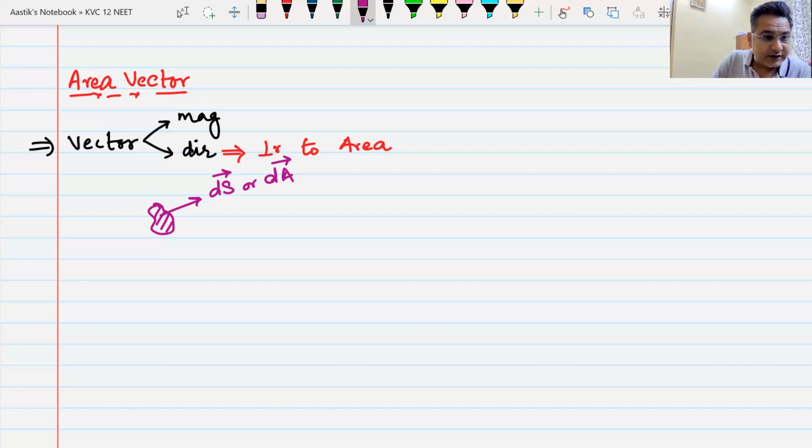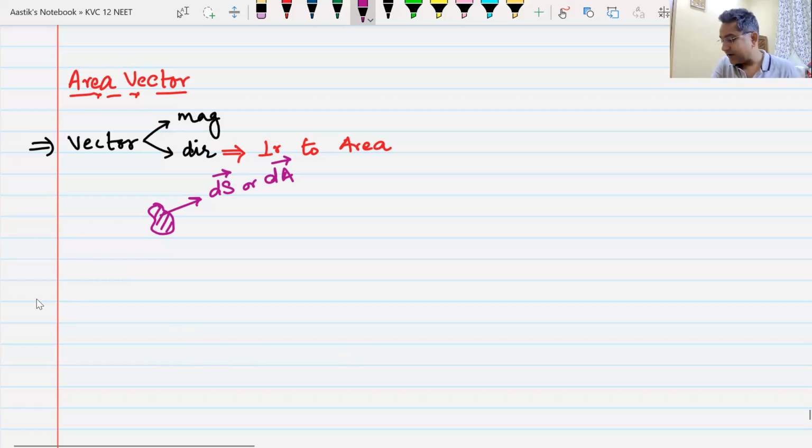Okay, but when we talk about perpendicular to the surface, there can be two directions which are perpendicular to the surface. Let me show you one more diagram, and that will make you think more clearly.